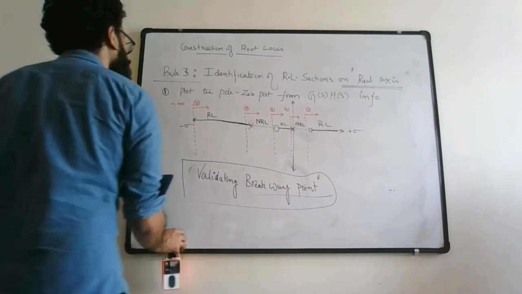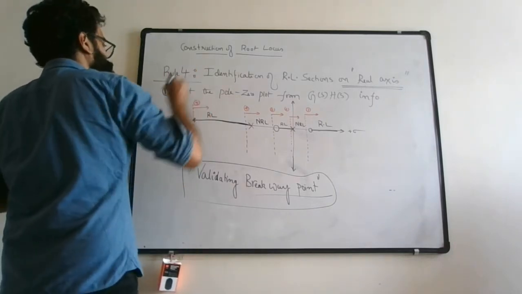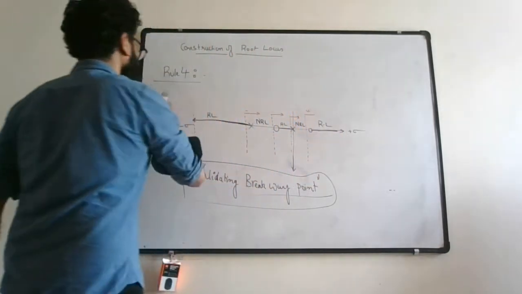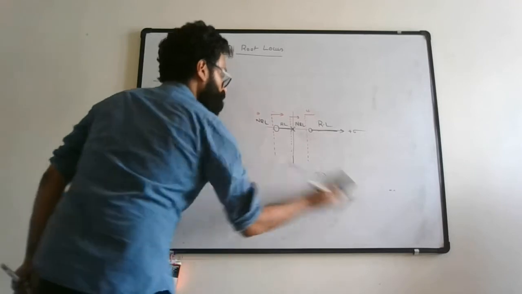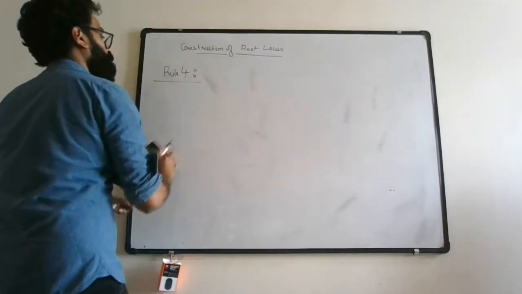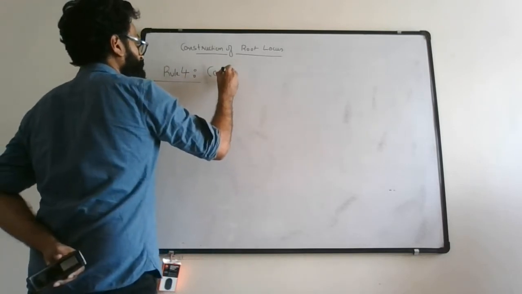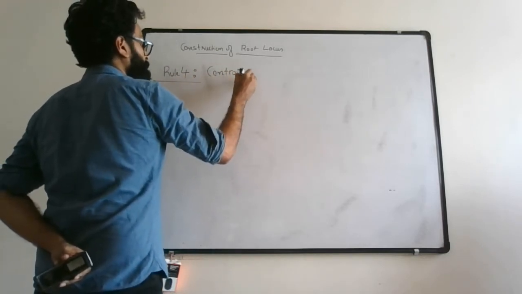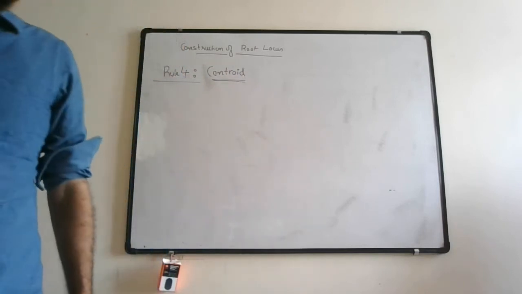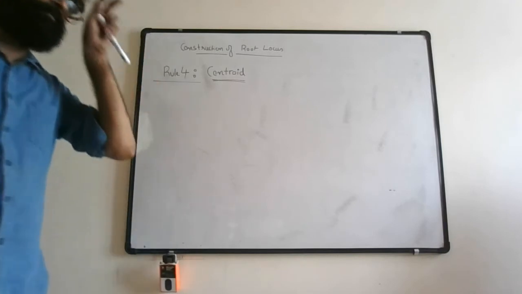Next we have rule 4, which is called the centroid. The definition of centroid is pretty simple. Centroid is the meeting point of asymptotes.